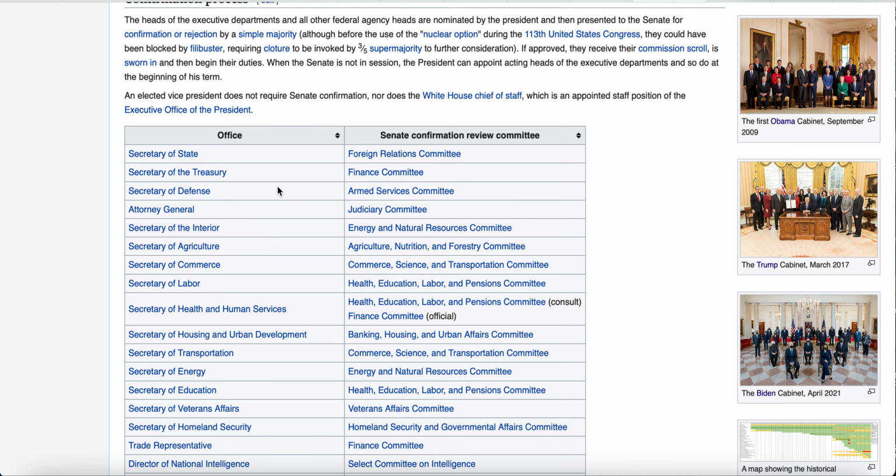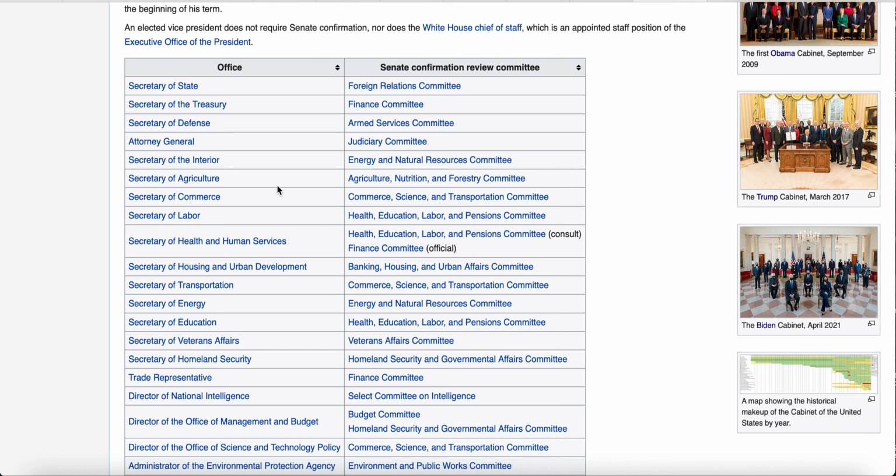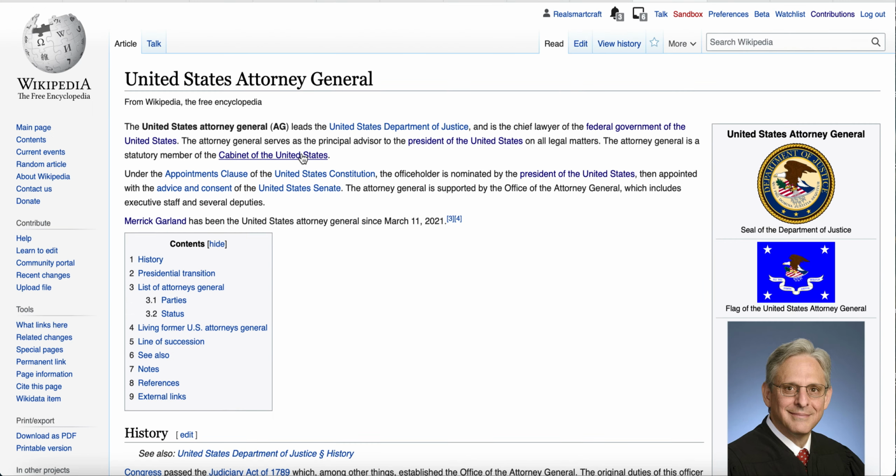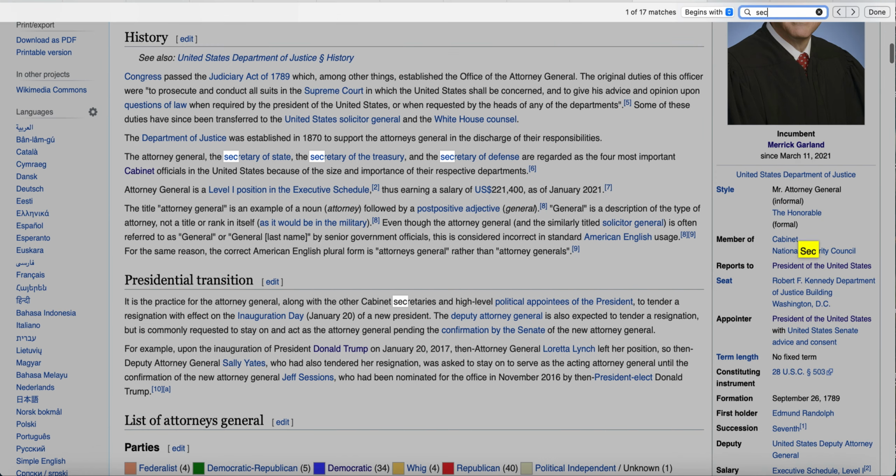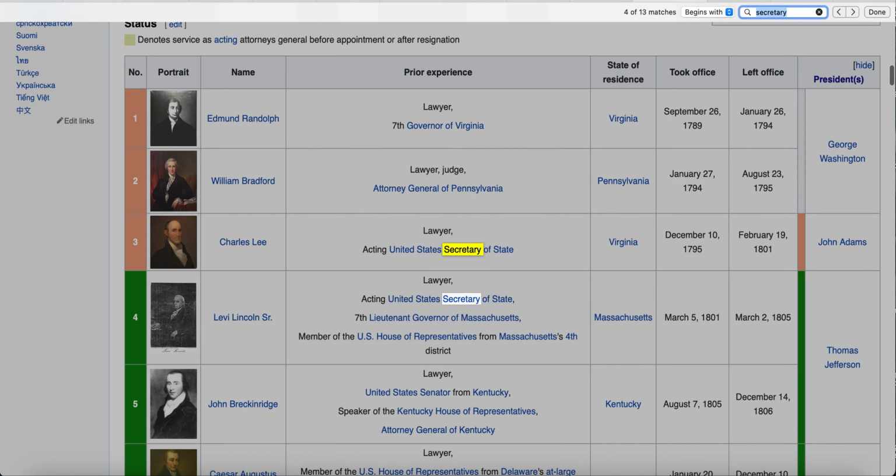They are, for the most part, called secretaries, with the exception of the Department of Justice, where they are called the Attorney General. It used to be called something different. Originally, they were called Secretary. The Secretary of State, Secretary.